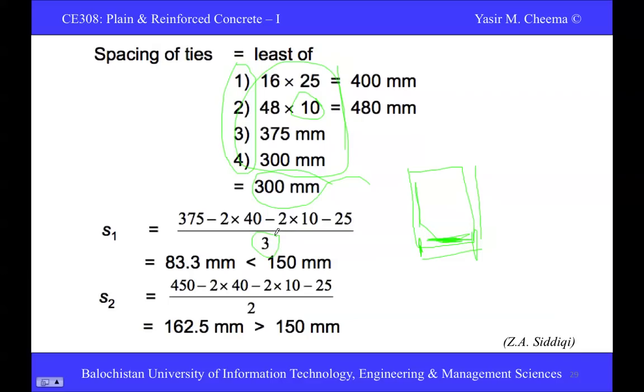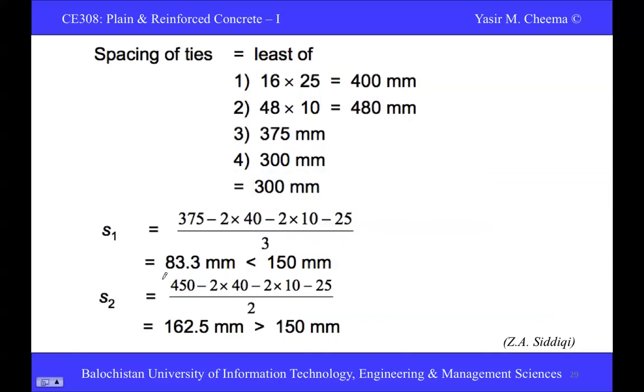Because we are going to provide here 3 spaces, 3 spans, sorry. So we divide it by 3, so we can get the size of one space from one bar to the other bar. That comes to be 83.3 mm, and according to code, this spacing should be less than 150 mm. So it is less than 150 mm, so this is quite okay.